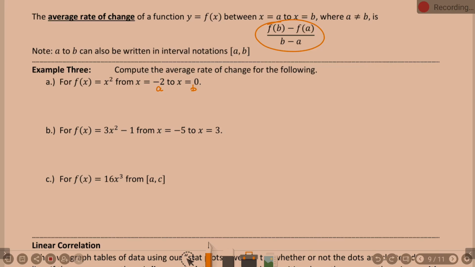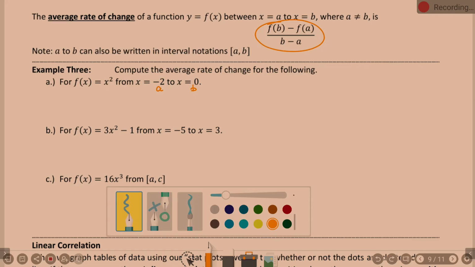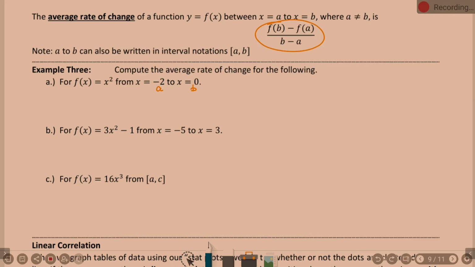We need to find what we're going to fill in on top, which means we need to find f of a. So we need to find f of -2. And we need to find f of b, which is going to be f of 0. This is kind of our preliminary work.